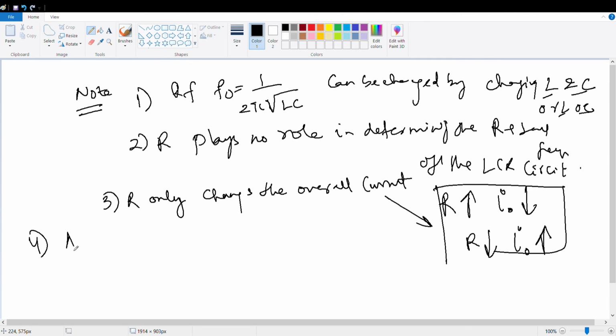Fourth point, at Z equal to R, the Z is minimum and your I naught is maximum.